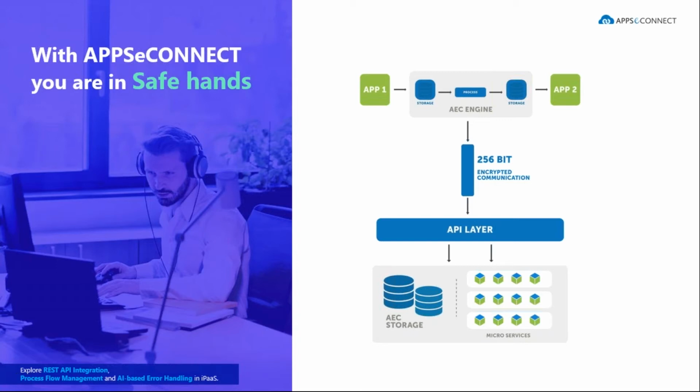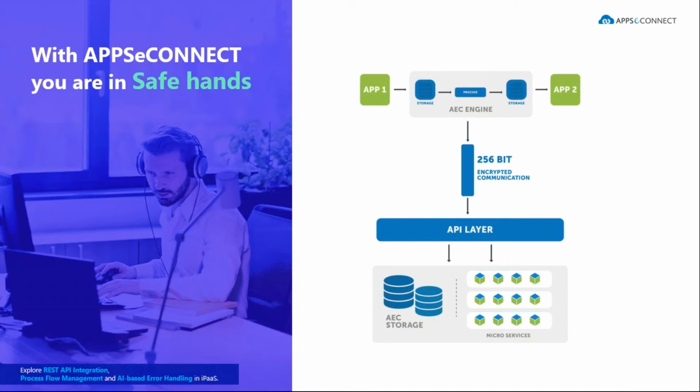Basically, to make it more clear from the business perspective, if you think of two applications, app 1 and app 2, involved in an integration, the data is transferred from app 1 to the AppSeConnect engine. In between there is an adapter, of course, that connects the application and stores the data in AppSeConnect, and the product transforms it using the logic coming from the cloud.